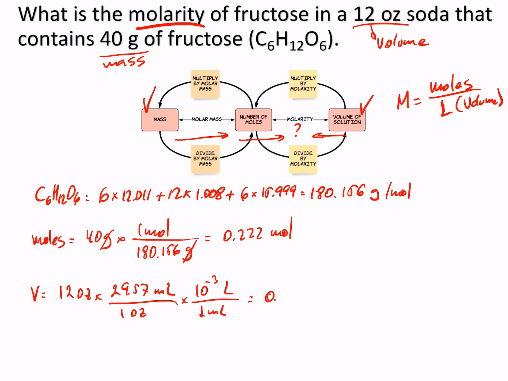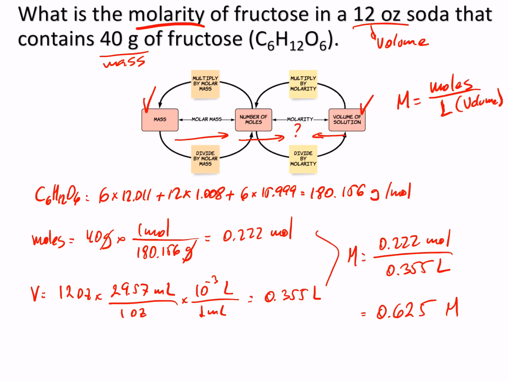We end up with 0.355 liters. We combine these two, and the molarity is 0.222 moles divided by 0.355 liters, and we end up with 0.625 molar. This unit right there means moles per liter.